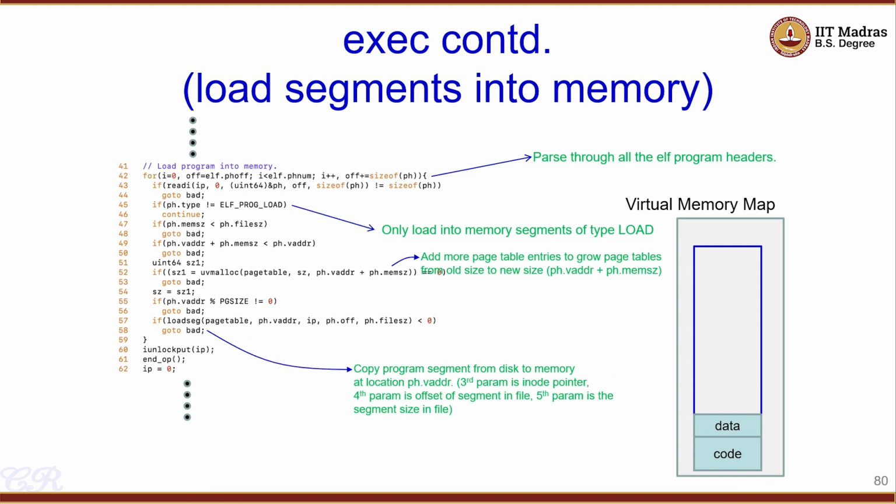So that is what we are going to do next. The next part of the exec system call loads the program into memory. Now what we do is we look at the program header.